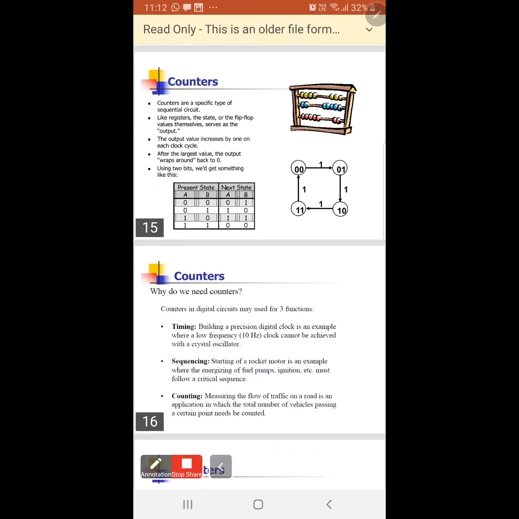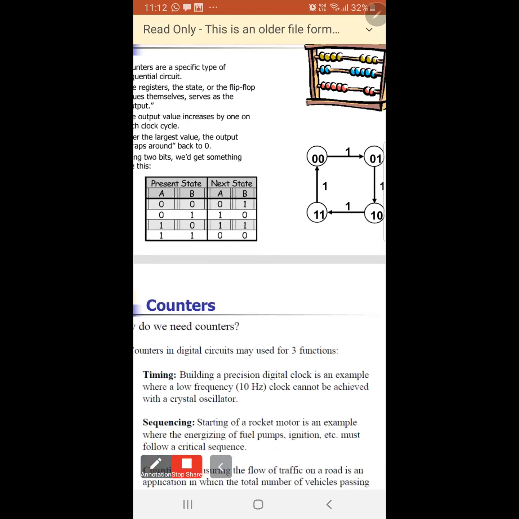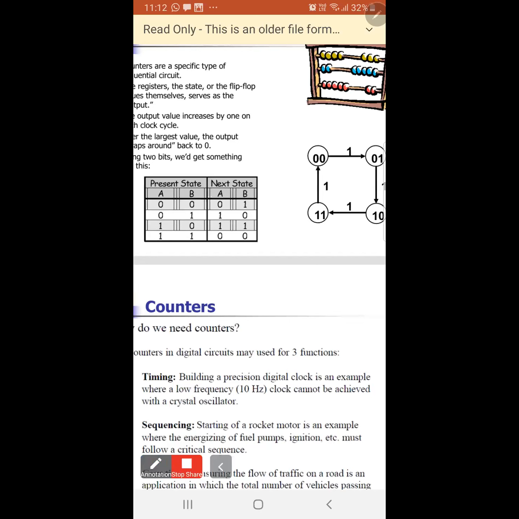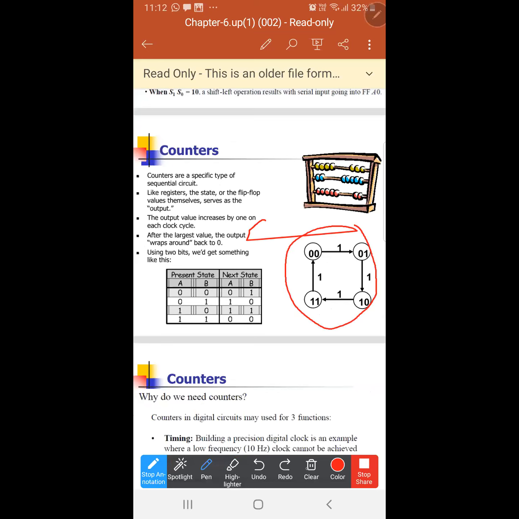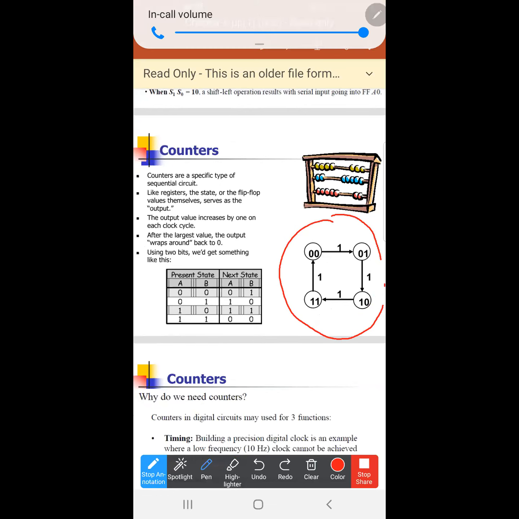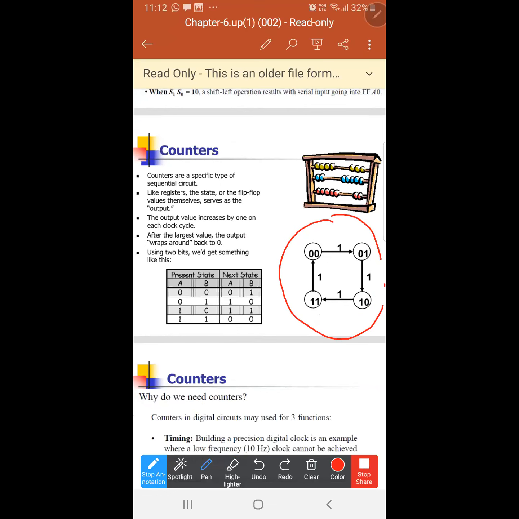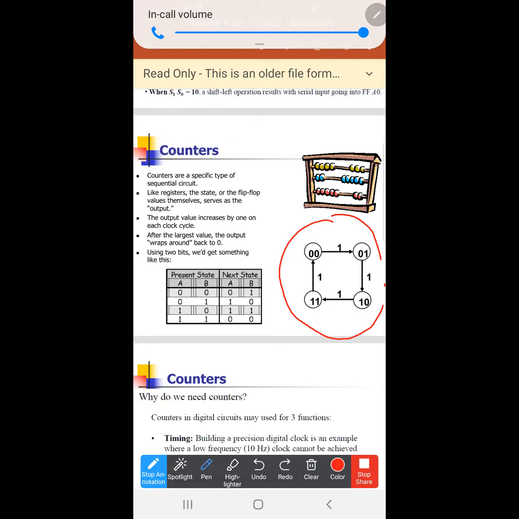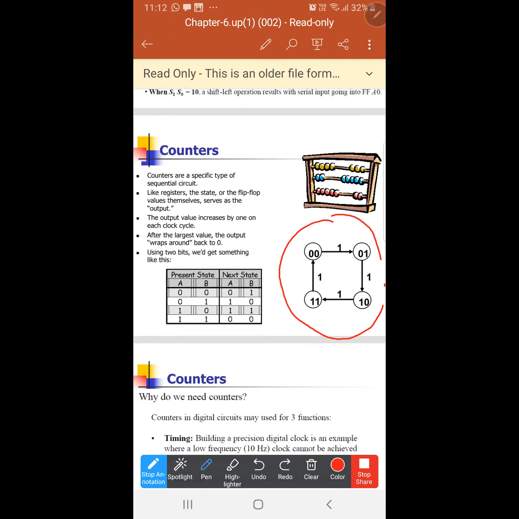Girls, if you see this state diagram, what is the new thing you notice here? No output, and input is always 1.